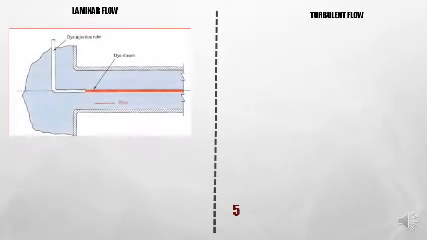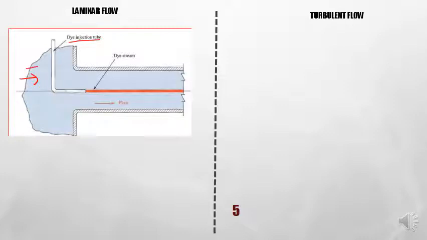If you look at the diagram here, it shows a kind of simple experiment conducted with a fluid inside this pipe. Basically it injects some dye through an injection tube, and this is the fluid.